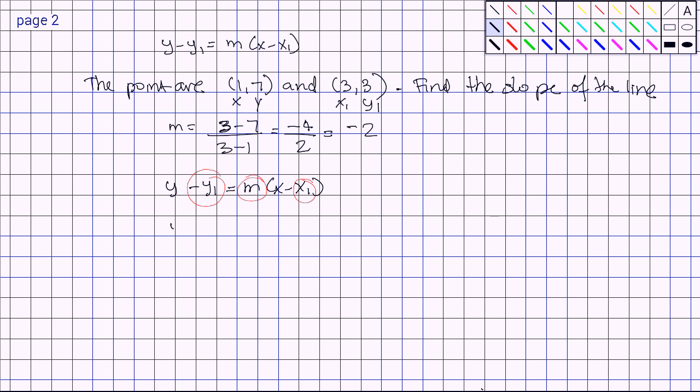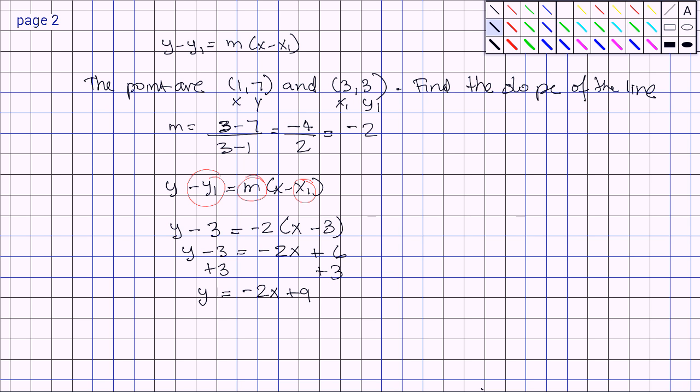So I have y minus 3 equals negative 2 times x minus 3, and I'm going to solve for y. On the left hand side, I still have y minus 3. On the right hand side, I use the distributive property, so I have negative 2x plus 6. Now I add 3 to both sides, and the equation of my line is y equals negative 2x plus 9.